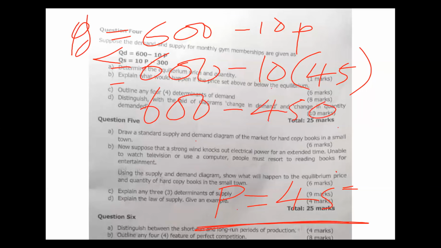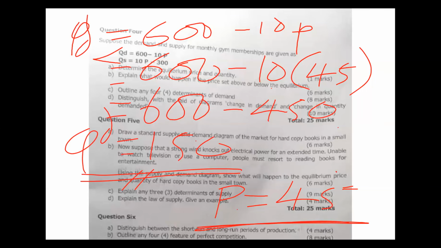And so 600 minus 450 gives us 150. Any question? So these are the equilibrium points. The equilibrium quantity and equilibrium price are found just by doing that.